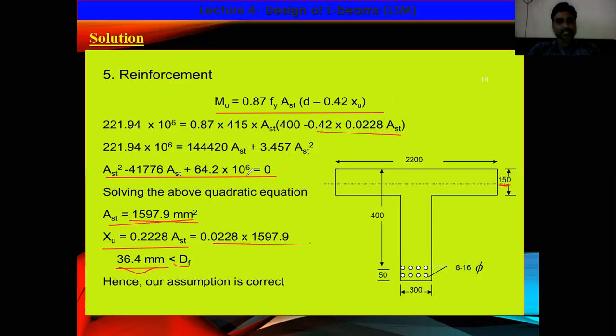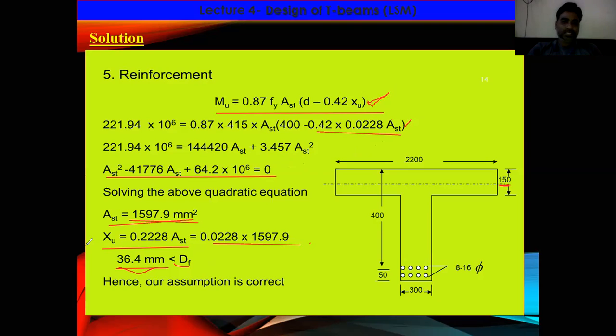One is, based upon your assumption, the corresponding equation should be used to determine the bending moment, to determine the A of ST. That is the first case.